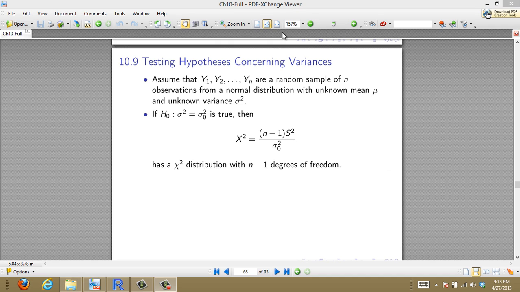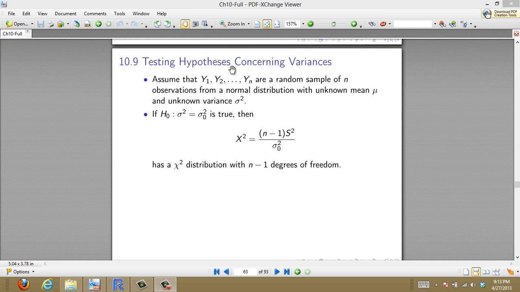So when you're testing hypotheses about variances, we, as usual, assume that we have a random sample of observations. It's very key that these observations come from a normal distribution. Unlike some of the previous settings where as long as we had a large enough sample size, everything worked out okay, this hypothesis test is actually very dependent on the fact that the data comes from a normal distribution.